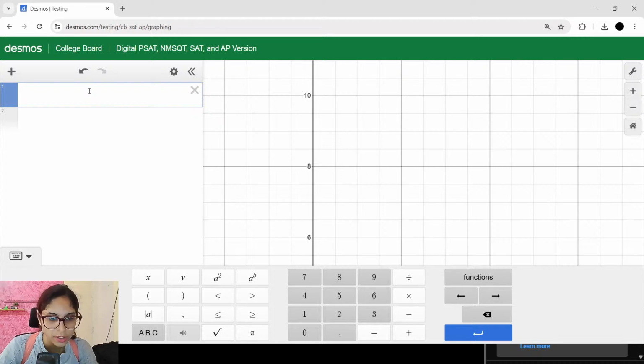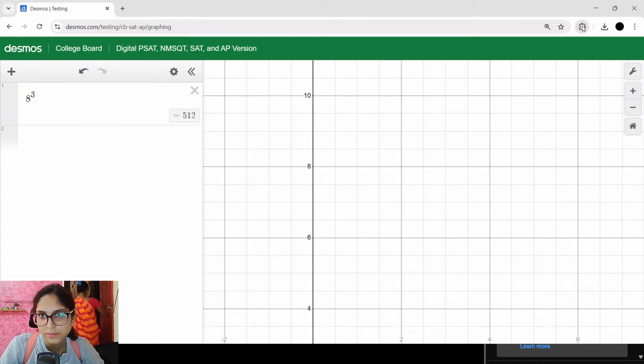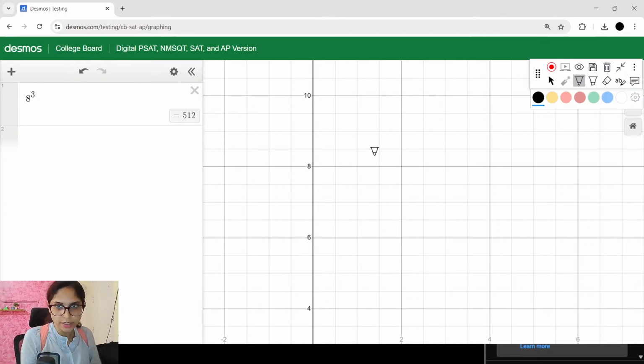So for that, it's like this, 8, shift 6, and then you can write the power. So I'll show you how you can do it on your keyboard. Again, I'll annotate. Yeah. So again, you have your shift over here.